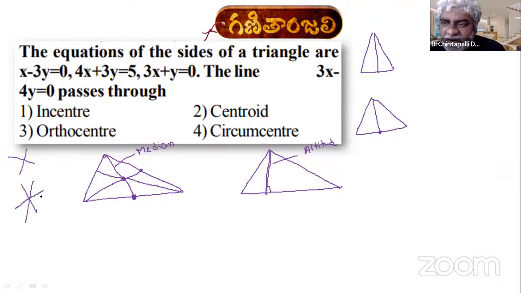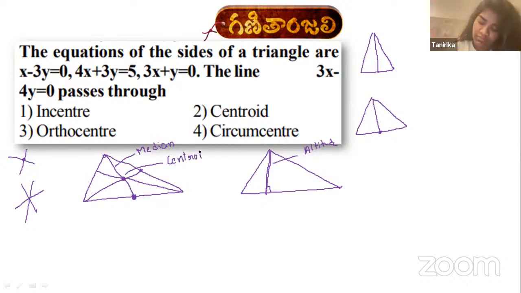The difference between concurrent lines and intersecting lines is that intersecting is only for two lines. For more than two, the word concurrent is used. So three medians are concurrent. The point of concurrence is called the centroid. In the same way, three altitudes are concurrent.